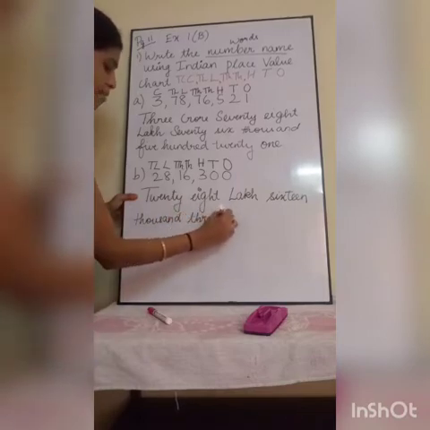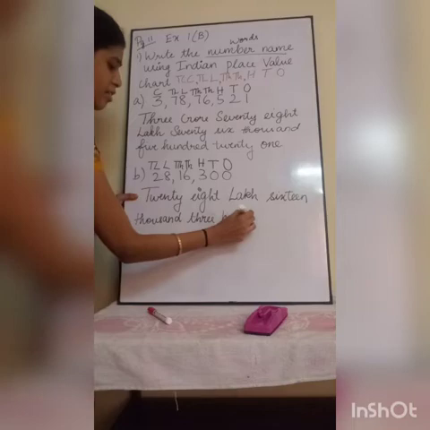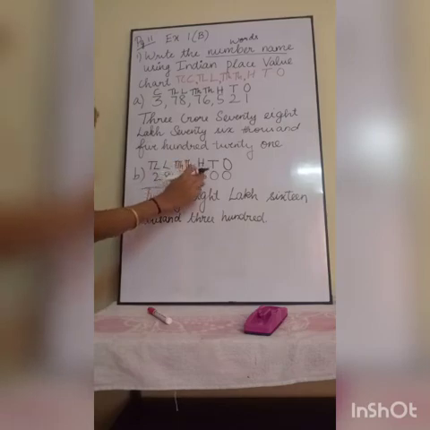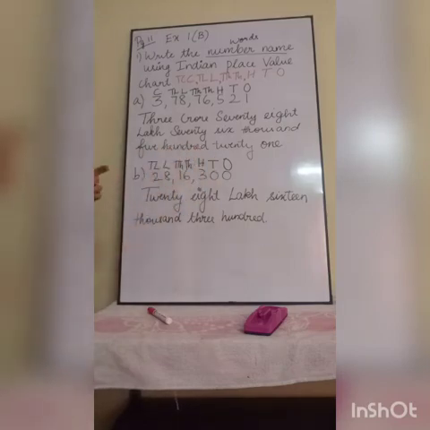So 28 lakh, 16,300. Understood how to write these number names? First you write the place value above the number, then you write the number names.